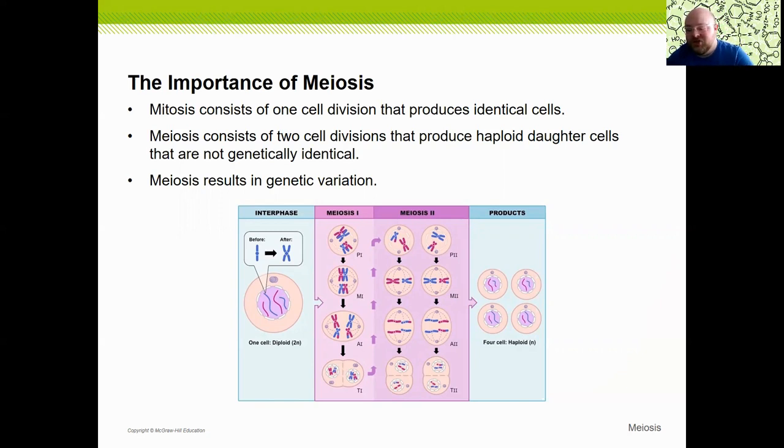So it results in this genetic variation, which makes sense, again, because these cells have to combine with another individual's haploid cells to make a brand new organism with its own set of genetic information. So that's why the cells result in haploid cells.